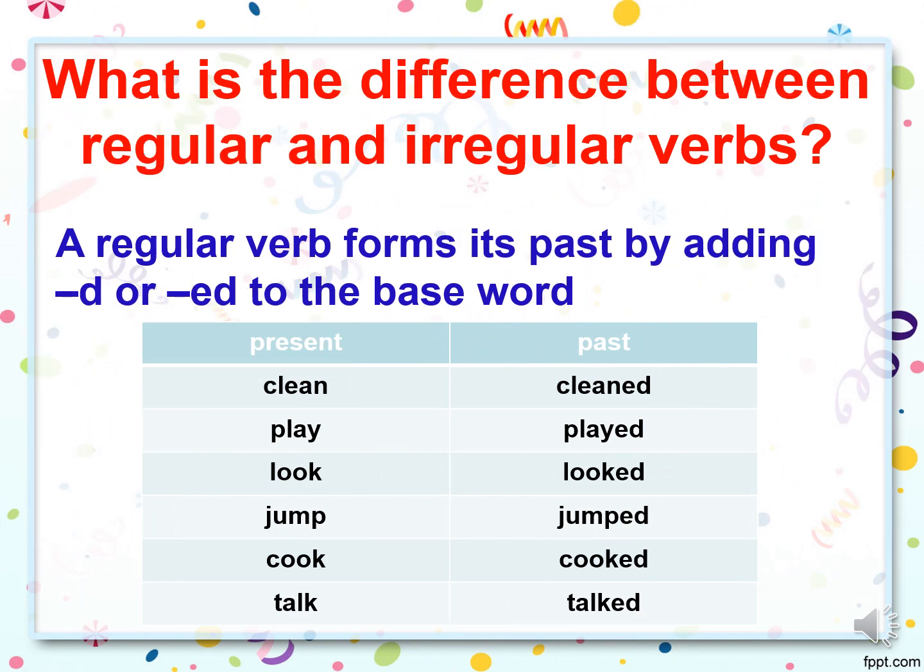So what is the difference between regular and irregular verbs? Let's first introduce what is a regular verb. A regular verb forms its past by adding d or ed to the base word. In the present, we have the verb clean. In the past, we will add ed to the verb to become cleaned.